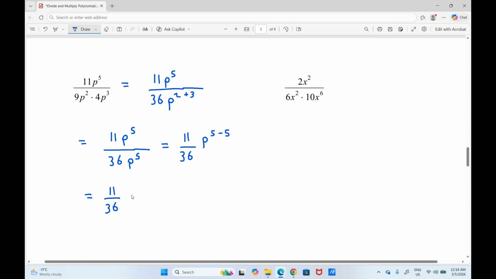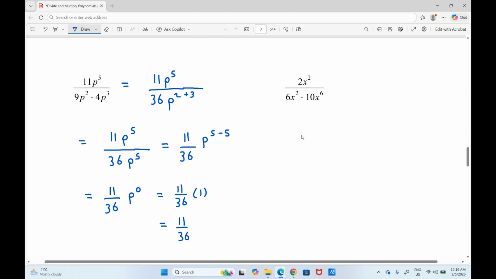So I'm going to end up having 11 divided by 36 times p to the exponent of 0, because any number to the exponent of 0 except 0 is 1. I'm just going to have 1 here, so 11 over 36 times 1, which would just simplify to 11 divided by 36.